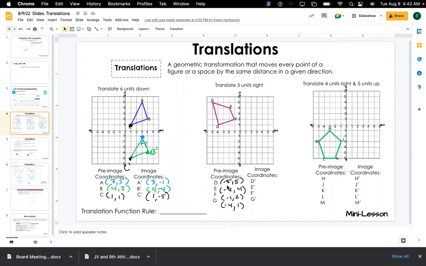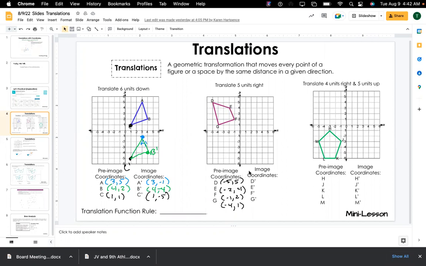So -5, 5 is D, -2, 4 is E, -1, 2 is F, and -4, 1 is G. Okay, so we're gonna move this 5 units to the right. I personally like to do it on the graph, but there's another way you can do this.